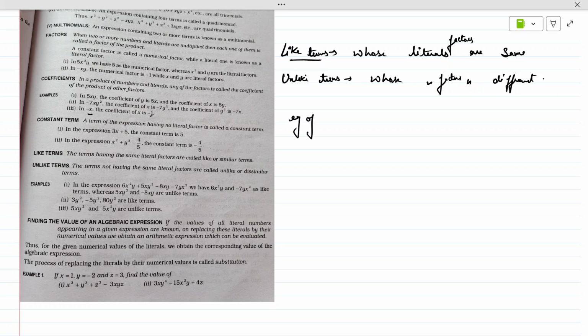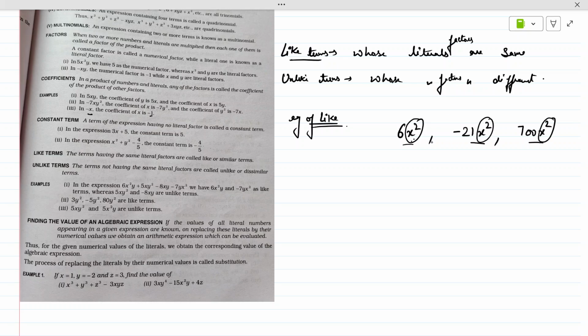Example of like terms we are going to take first here. Suppose I'm taking the example 6x square, minus 21x square, 700x square. So these three are the terms. In these three terms, our literal factors are same. Here we have x square, here we have x square, and here also we have x square.